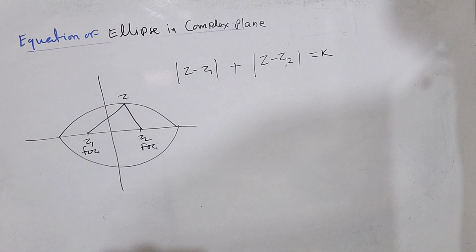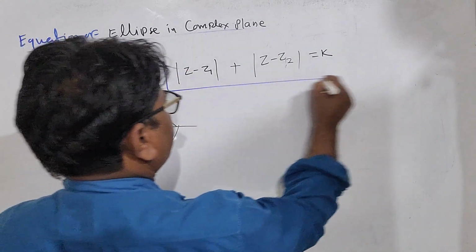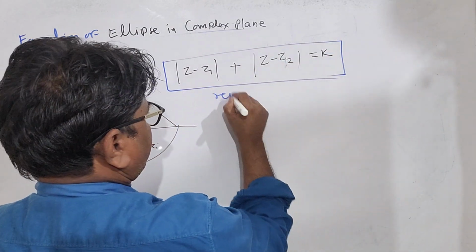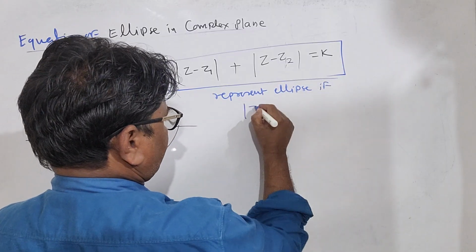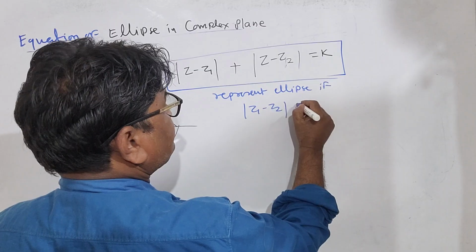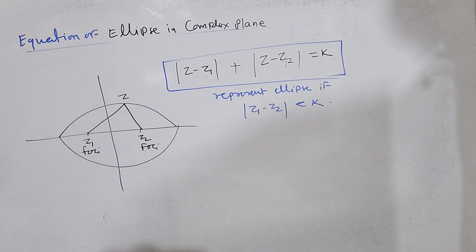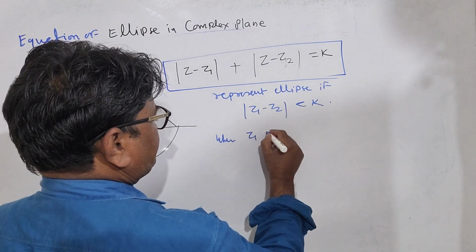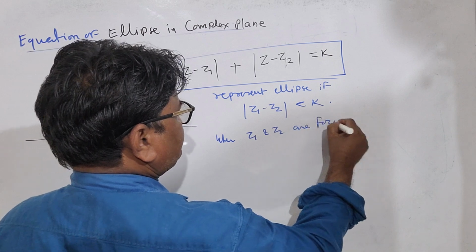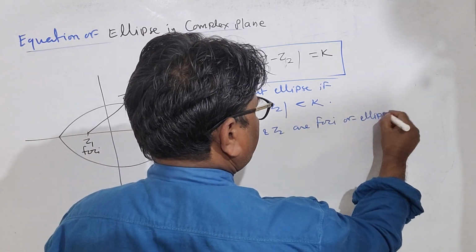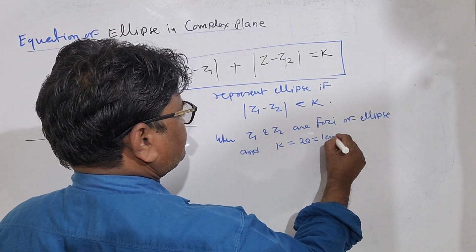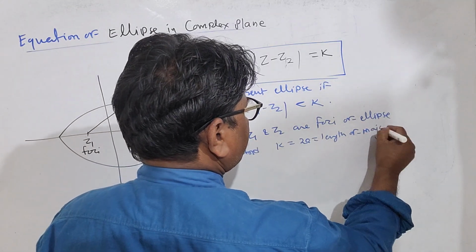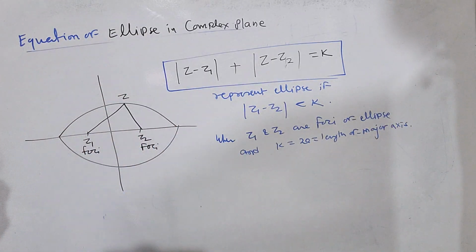This represents an ellipse if modulus of z1 minus z2 is less than k, where z1 and z2 are the foci of the ellipse, and k is the length of the major axis.